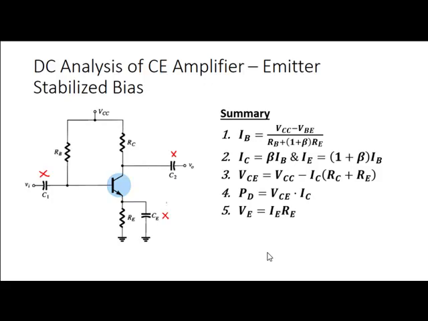Then making use of double subscript notation, we can find out the node voltages VC and VB. So VC will be equal to VCE plus VE and VB is equal to VBE plus VE. This completes the DC analysis of the emitter stabilized bias common emitter amplifier.